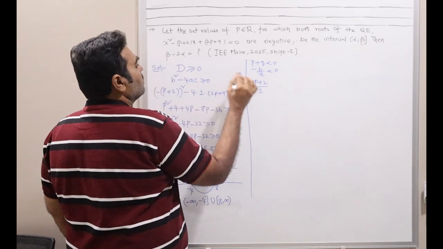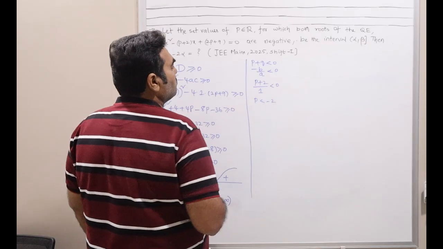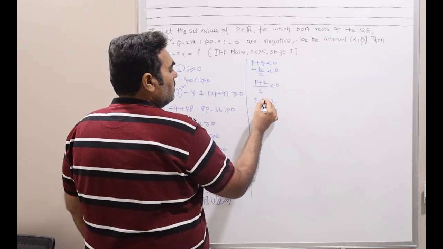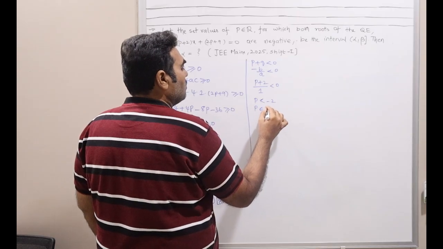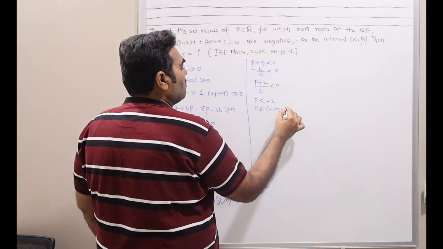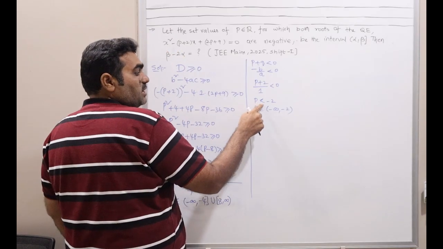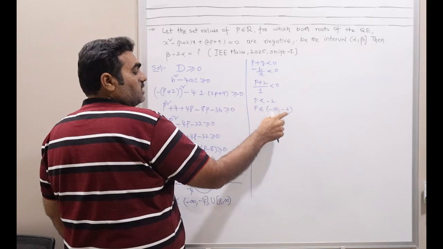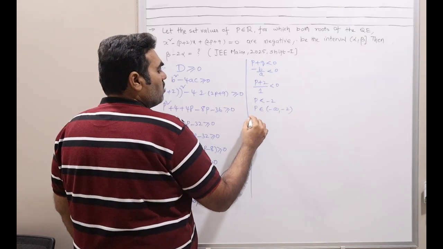So p plus 2 less than 0, this implies p is less than minus 2. So I can even write this as p belongs to minus infinity to minus 2, open interval. We don't have less than or equal to here, we have just less than, that's why this is also open. Now the next condition is the product is positive.